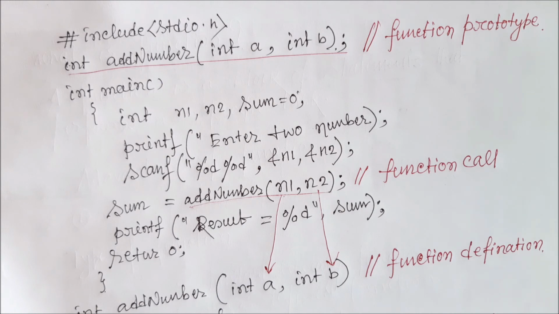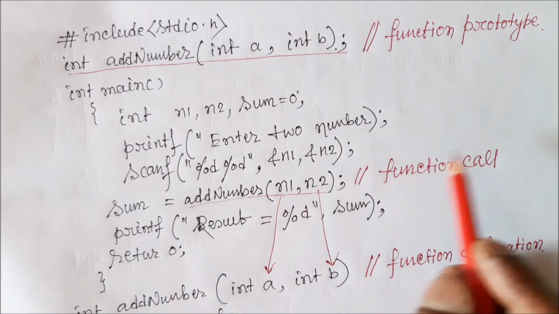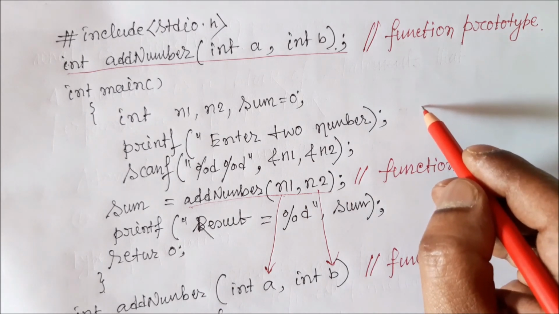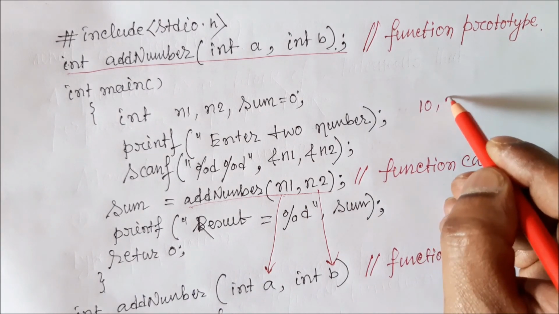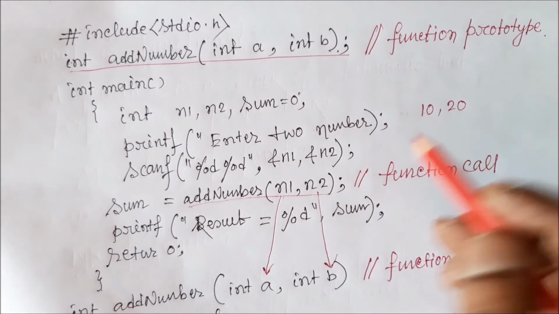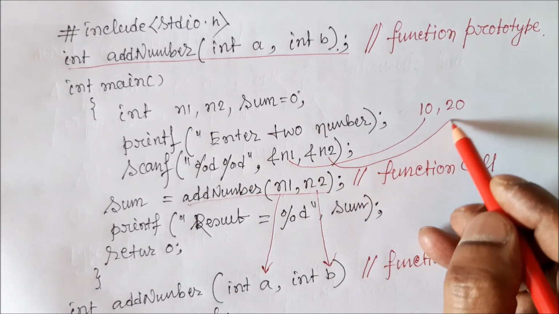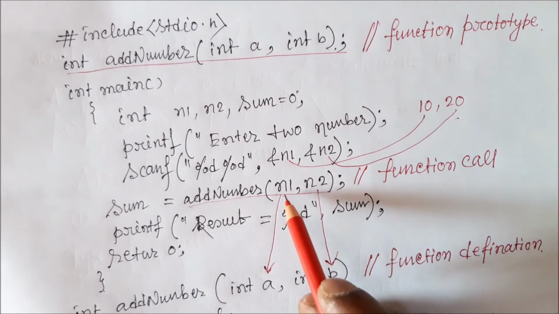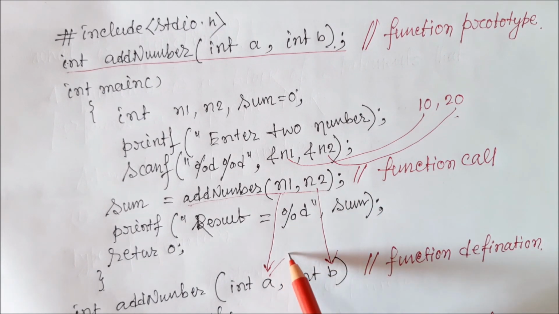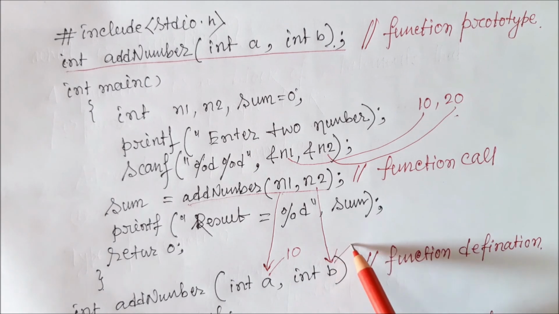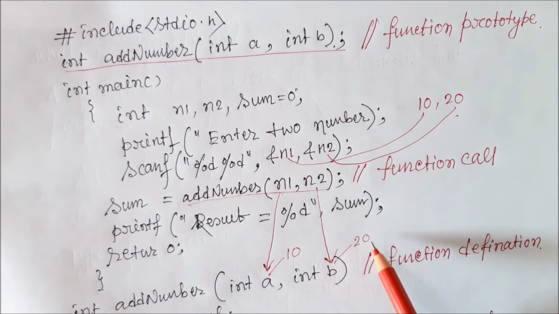Suppose I have taken the input values 10 and 20. So n1 is 10 and n2 will be 20. So here a will be 10 and b will be 20 as per our definition.